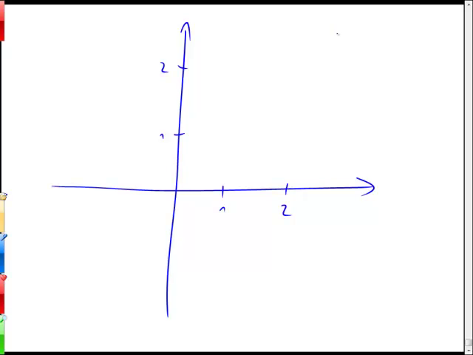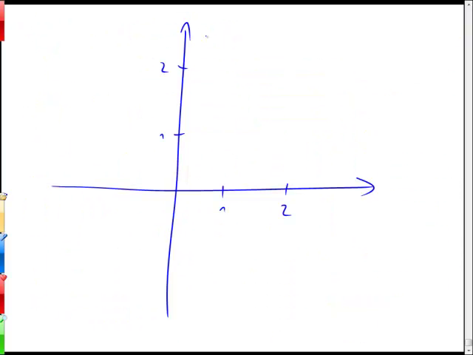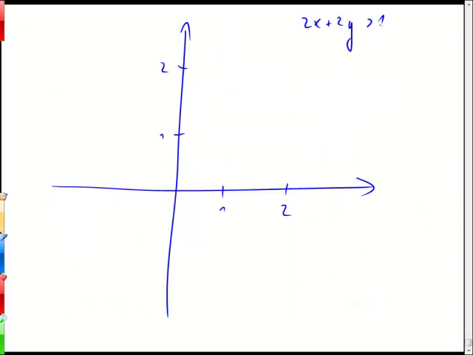If I have in equation 2x plus 2y equals S1, then I have 2x plus 2y larger or equal 1. From this I get that y is larger or equal minus x plus 1/2. This was my constraint.